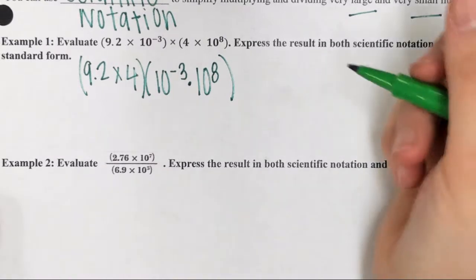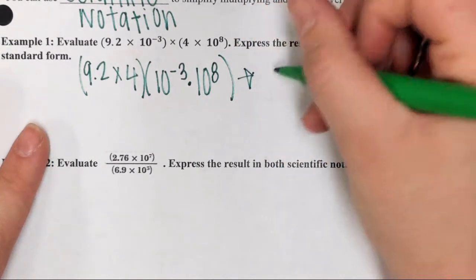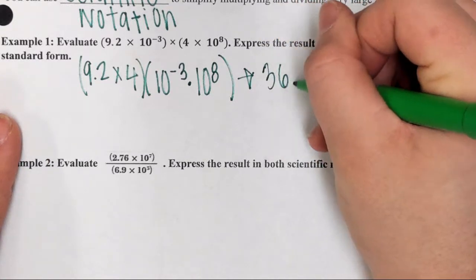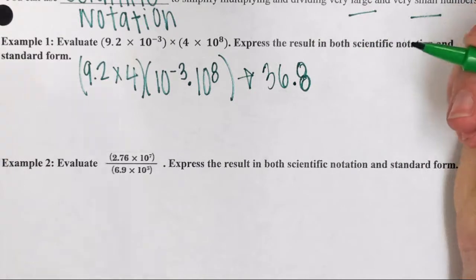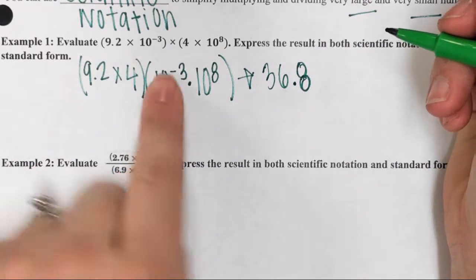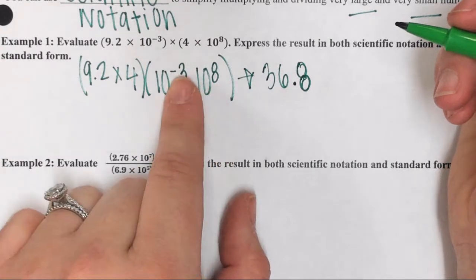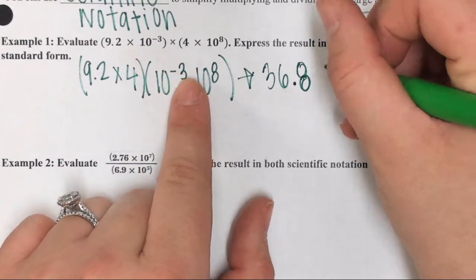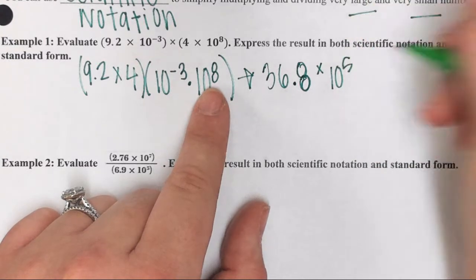So multiply 9.2 times 4. 36.8. Okay, but what do I do to the exponents if they have the same base and I'm multiplying them? You add them. So what is negative 3 plus 8? 5. Good.